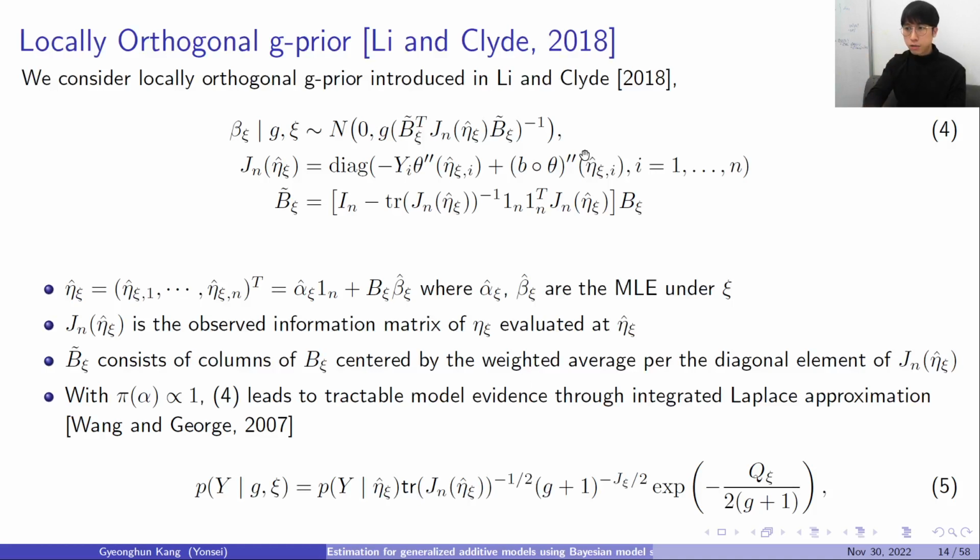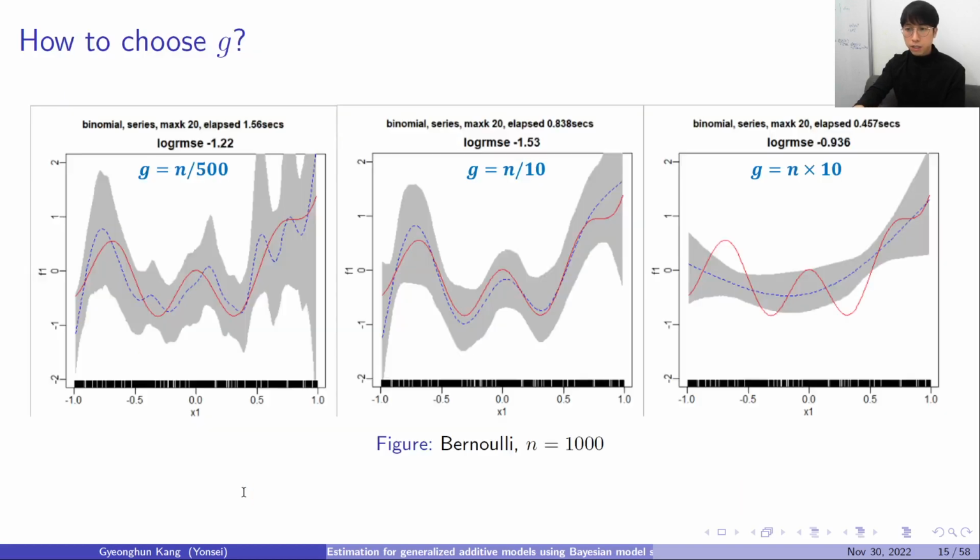So, mixtures of G priors. In the Lee and Clyde 2018 paper, they introduced a locally orthogonal G prior. This is the extension of the generalized G prior to generalized linear models, to allow for a tractable approximation of the model evidence here. This model evidence depends on the value of G, and this value of G determines the function estimate.